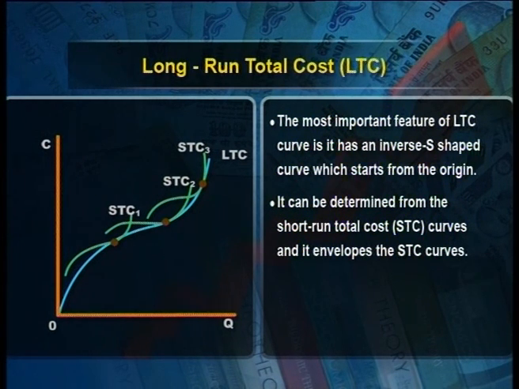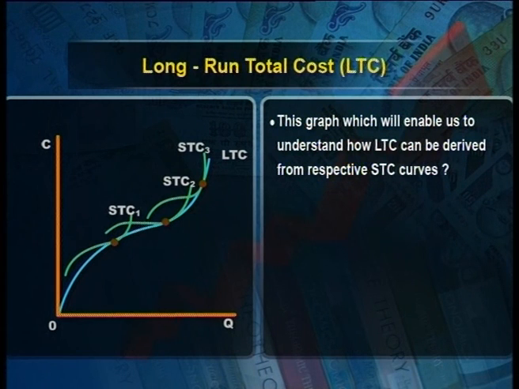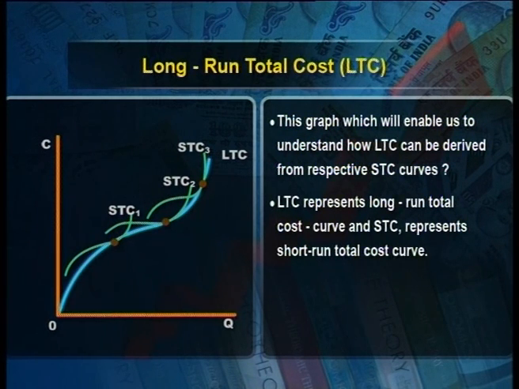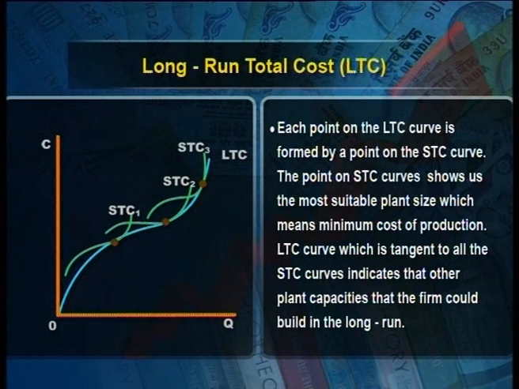Let us look at this graph which will enable us to understand how LTC can be derived from respective STC curves. In the graph, LTC represents long run total cost curve and STC represents short run total cost curve. It is clear from the graph that LTC is a continuous curve. Each point on the LTC curve is formed by a point on the STC curve.